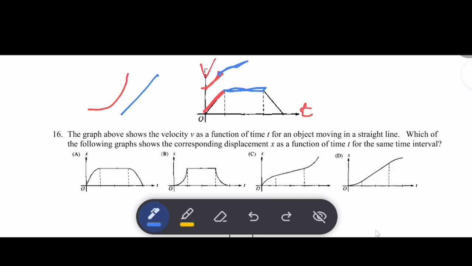And lastly, we have this portion, which is a constant negative slope. As we said at the beginning, a constant slope means the position versus time graph is going to be curved. But in this case, since it's negative, it's going to be curved the same as the positive, but in the other direction, curved downwards.